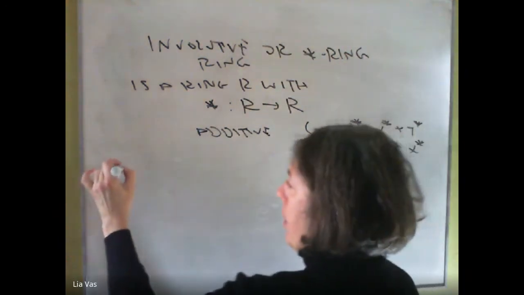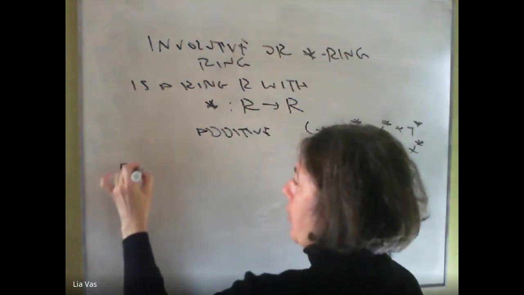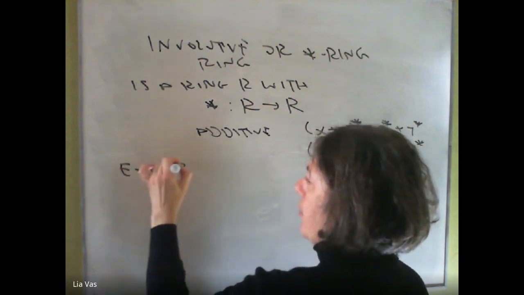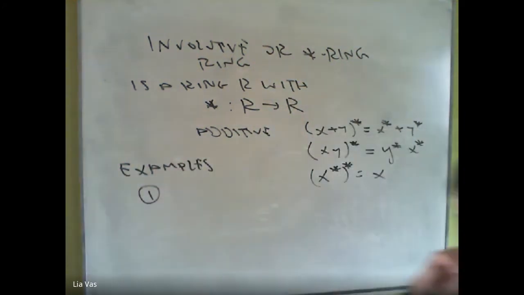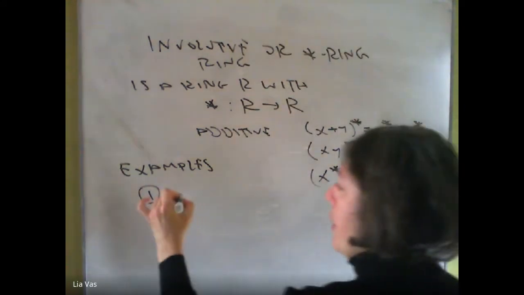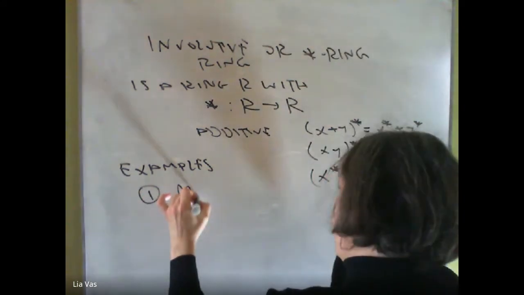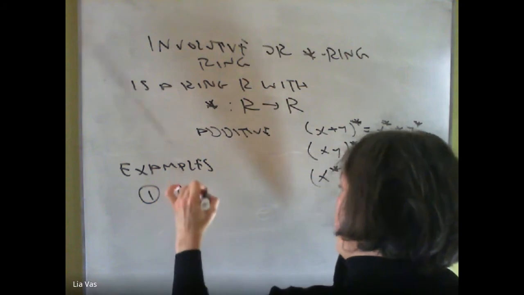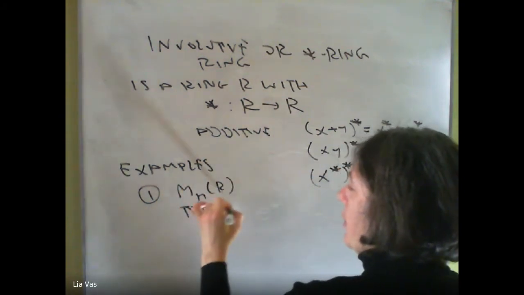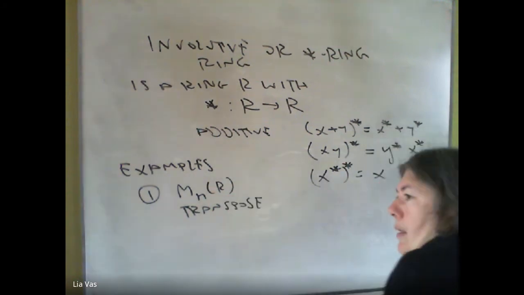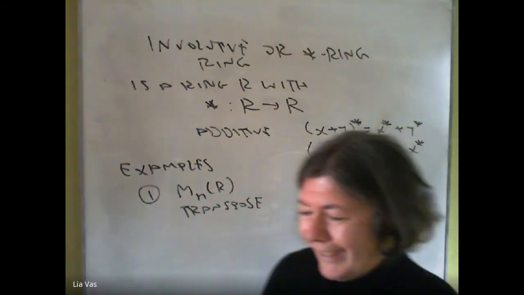Let's talk about a few quick examples before we go any further. One of them I already mentioned. If you have n by n matrices over a ring R, then the transpose is a star for you.